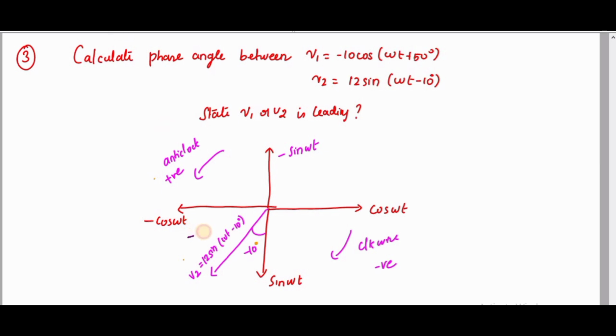You can see this angle is 90 degrees, and this is also 90 degrees. If it is 50 and this one is 10, this must be 30 degrees. So you can see V2 is leading V1 by 30 degrees. This is the answer.